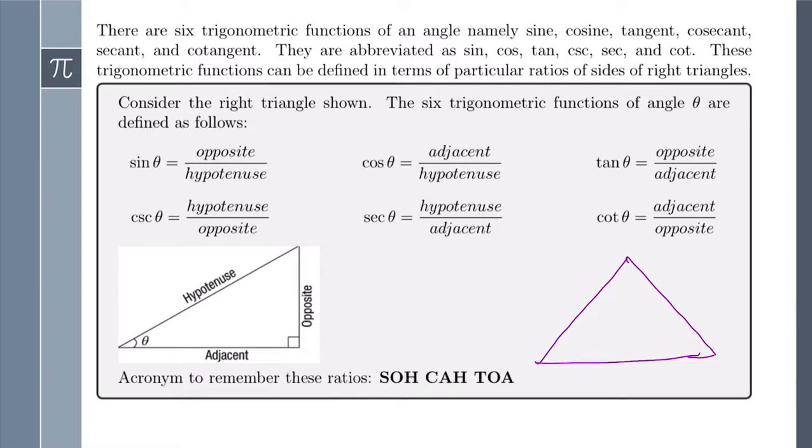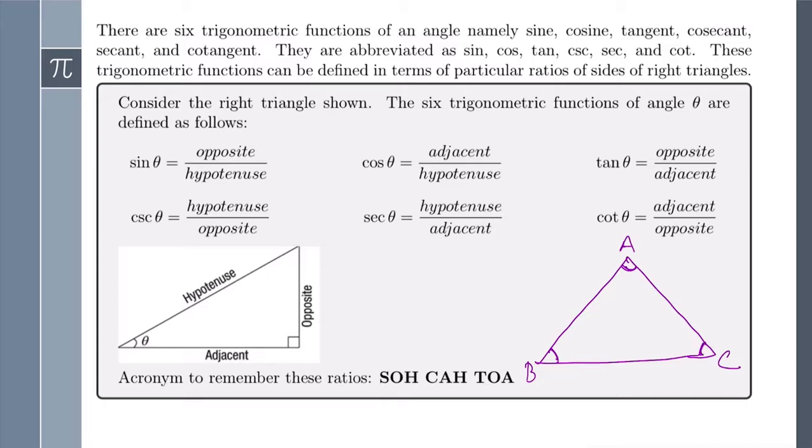Usually we use uppercase letters, let's say A, B, and C, to represent the vertices of the triangle. That letter also represents the corresponding angle at that vertex. If I write angle B, that means this angle, and if I write angle C, I understand this angle.